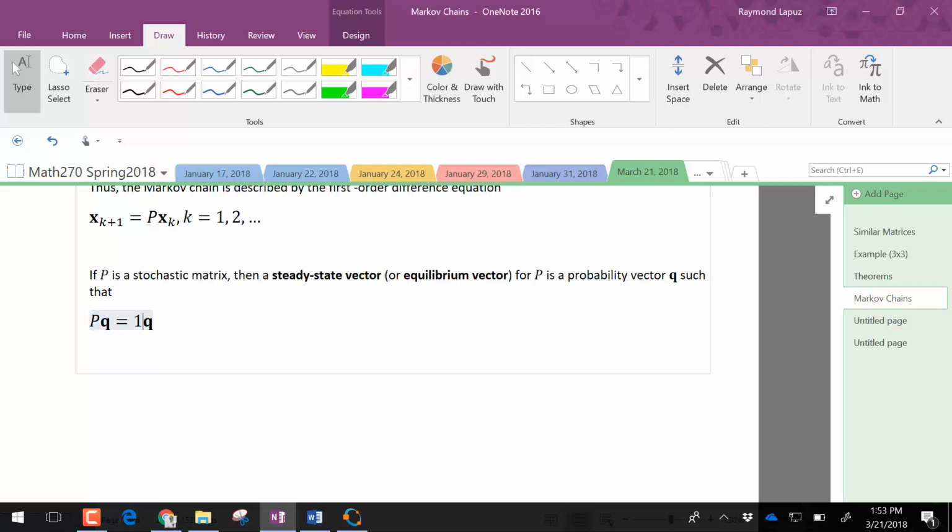It's not a matrix. 1 is an eigenvalue. And then Q, the steady state vector, happens to be an eigenvector. So it'd be Av = lambda v, except v is Q, and lambda is equal to 1.